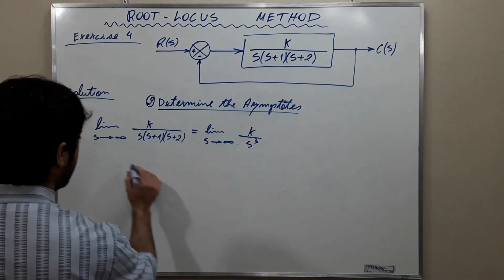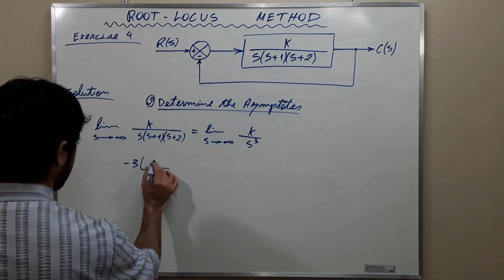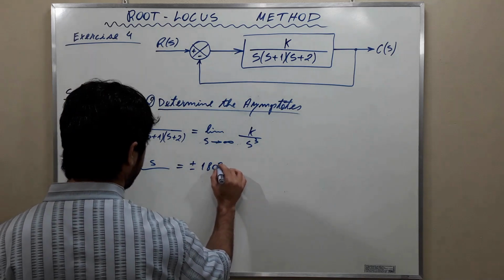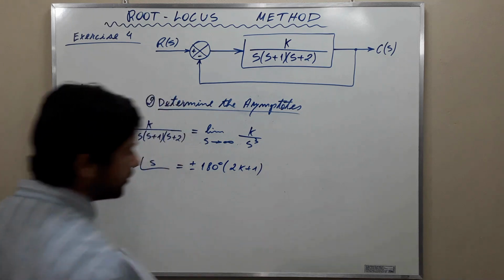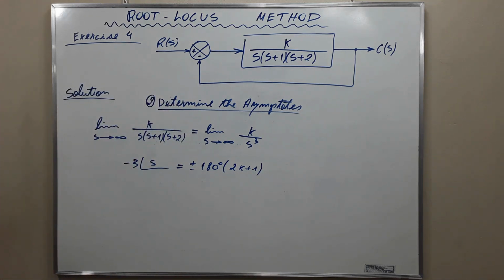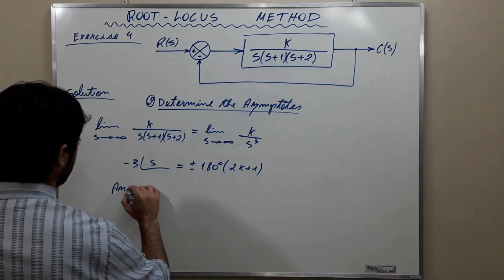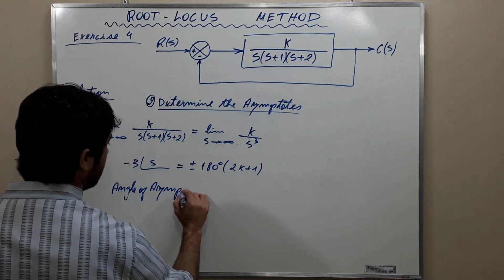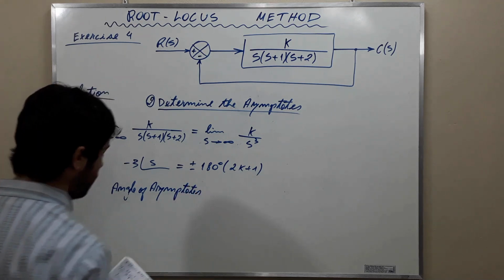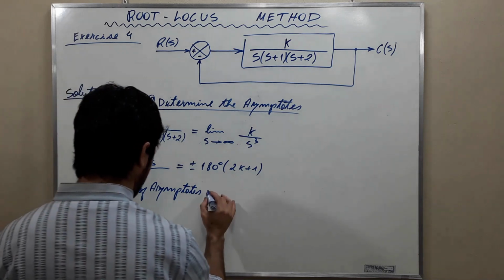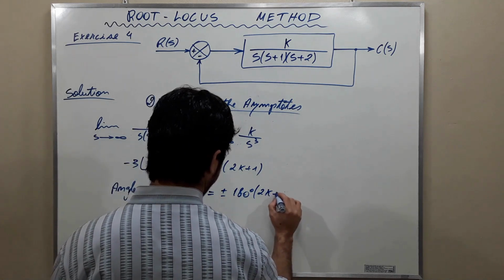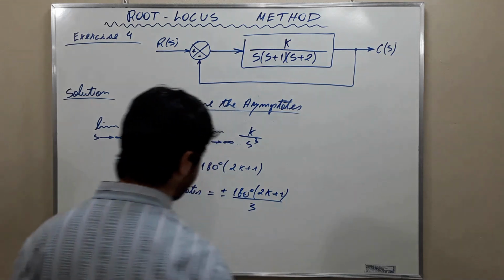The angle condition becomes that -3 times the angle of s will be equal to plus minus 180 degrees times 2k plus 1, or the angle of asymptotes will be plus minus 180 degrees times 2k plus 1 divided by 3.